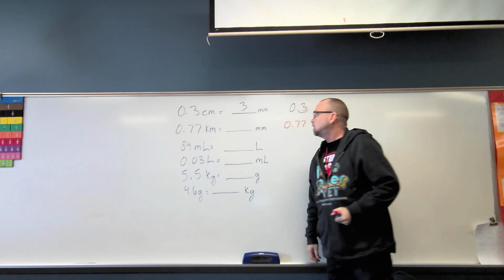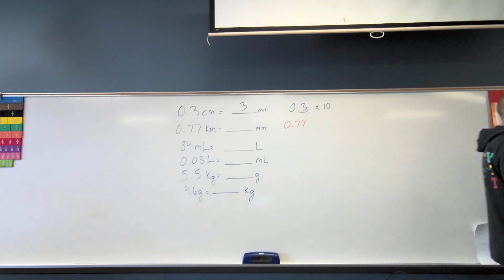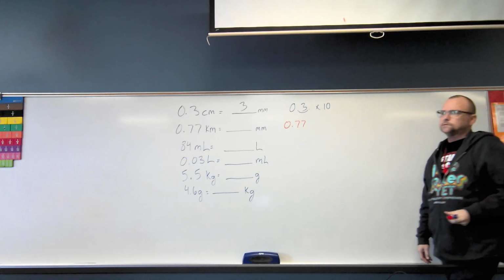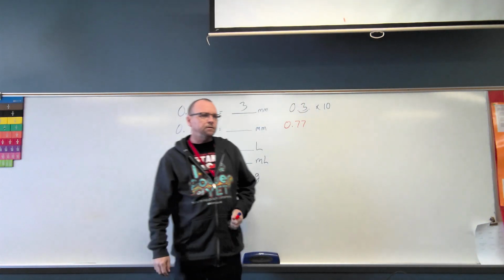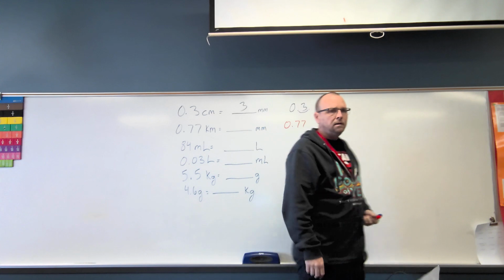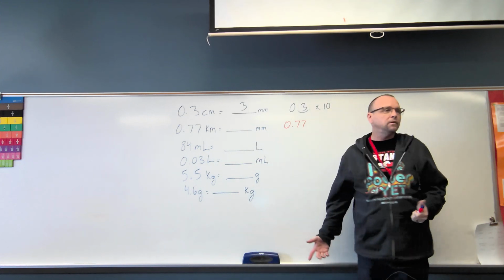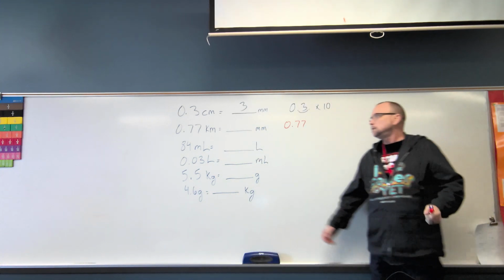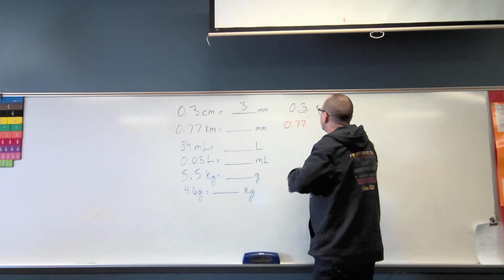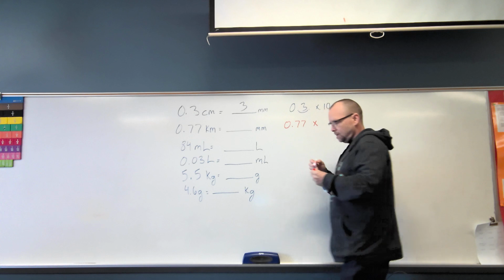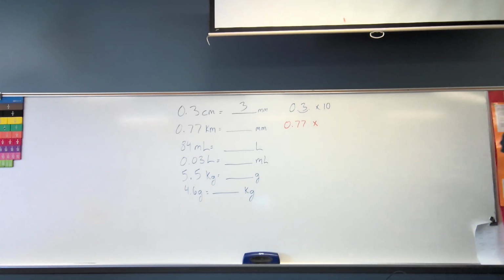I'm going from kilometers to millimeters. Which is bigger, kilometer or millimeter? Kilometer. So I'm going from kilometer to millimeters, which means I multiply, because I'm going from bigger to smaller.